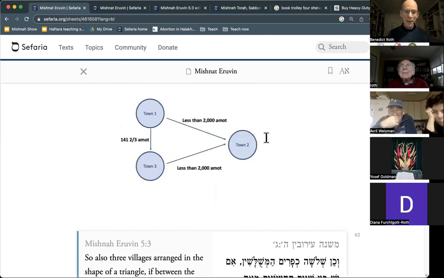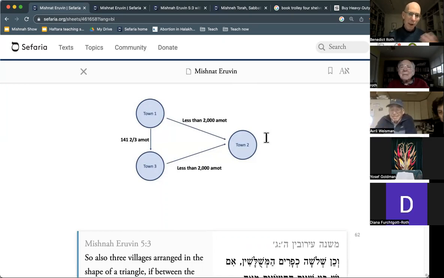Maybe it's anywhere. And 141 2/3 amot, by the way, between two villages for the width of a village is not very much. I mean, 140 amot is 70 yards. And the Gemara explains, and this is why the Rambam quotes this in his commentary, that actually the town in the middle can be 2,000 amot away. It can be 1,000 yards away. So we seem to be talking about an enormous amount.